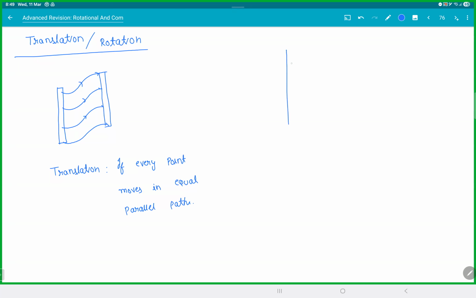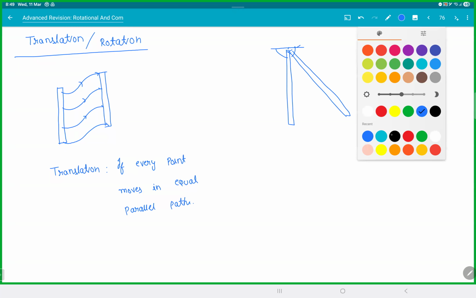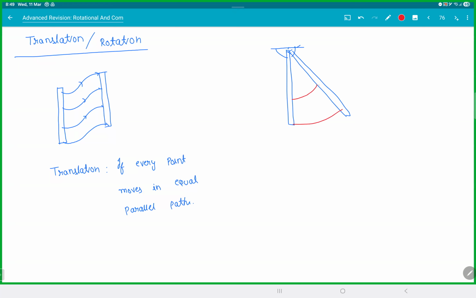If every point on the body covers equal angles, this is pure rotation. Right? So that's your pure translation and pure rotation.